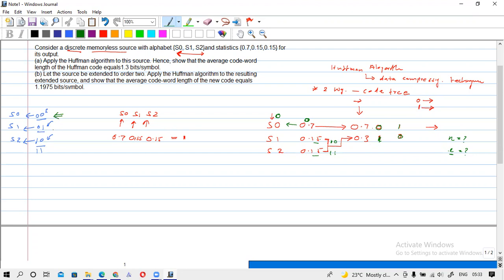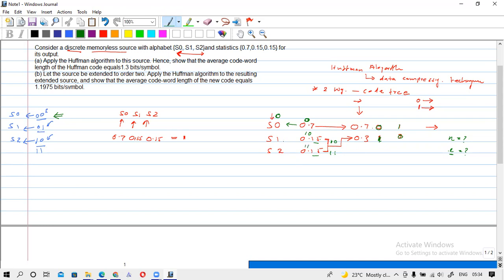So there are four probabilities, four combinations, and you can assign any combination here. And here also you can do the same thing. So here 1 0 and 1 1. You can see that for this probability 0.15, the bits 1 0 we assign, and for this probability 0.15 we assign 1 1.